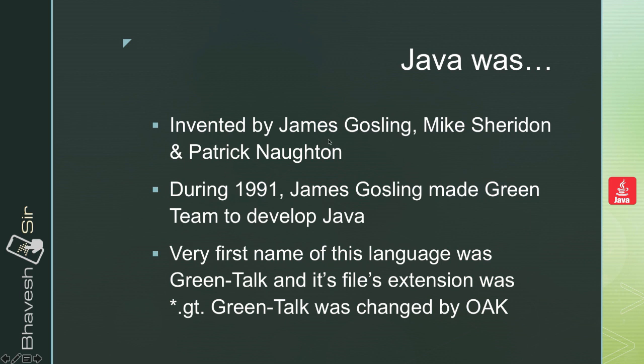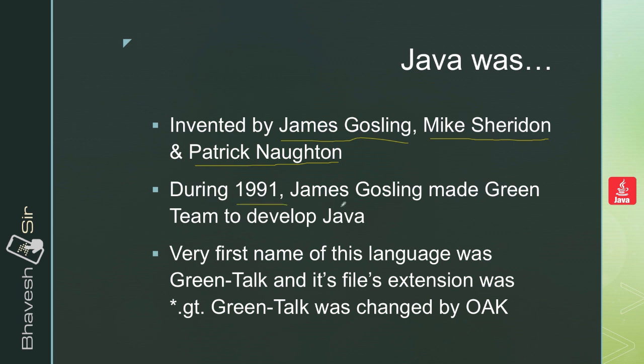Java was invented by James Gosling. James Gosling was the very first inventor of the Java language. With him, the other people were Mike Sheridan and Patrick Naughton. These three people invented the language Java.